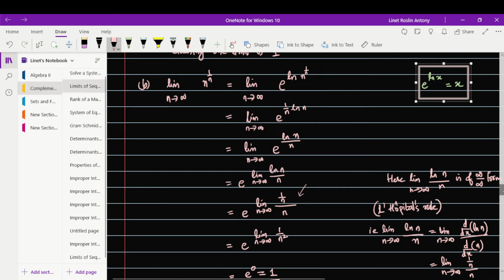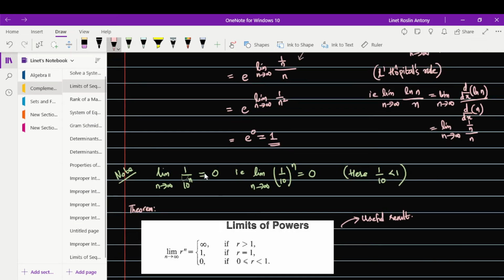Now you have a note: the limit as n tends to infinity of 1 by 10 raised to n is equal to 0. This is an obvious limit of the sequence. If we rewrite it, that is the limit as n tends to infinity of (1 by 10) the whole raised to n, which we know is equal to 0. Note that this 1 by 10 is strictly less than 1.